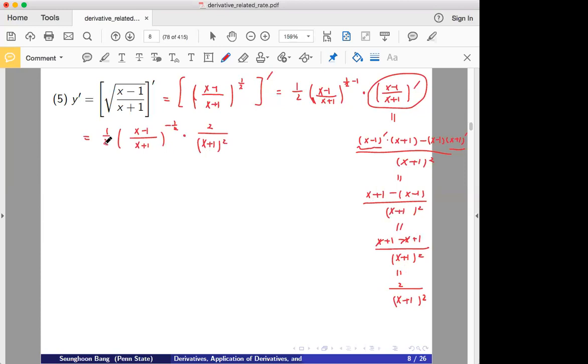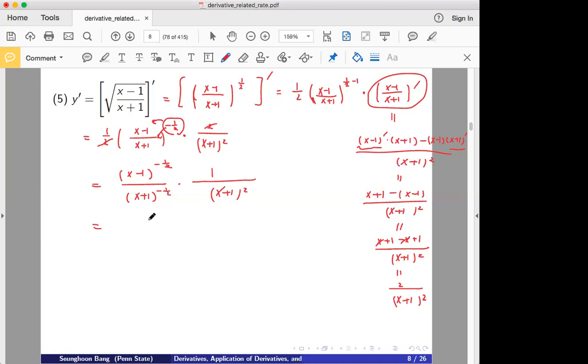So what happens? The 2 is crossed out. You can distribute the minus 1/2 to the top and the bottom. So we have (x minus 1) to the power minus 1/2, (x plus 1) to the power minus 1/2, times 1 over (x plus 1) squared.